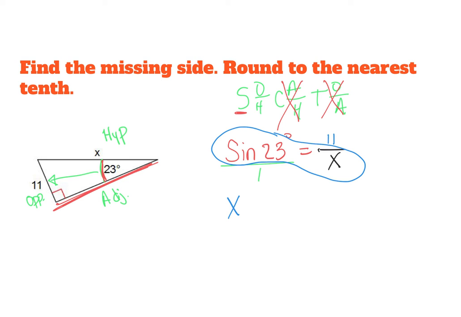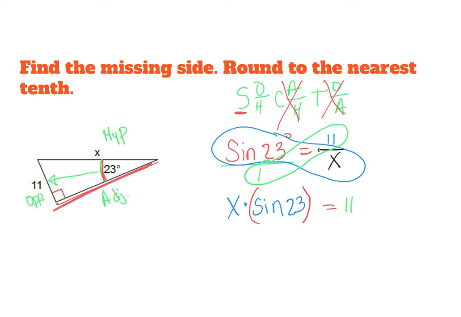So I'm just going to put x in front times sine of 23. And then remember, sine is just a number you press on your calculator and it goes together with a number. And this has to equal, now I'm going to cross multiply again, so that's 1 times 11.